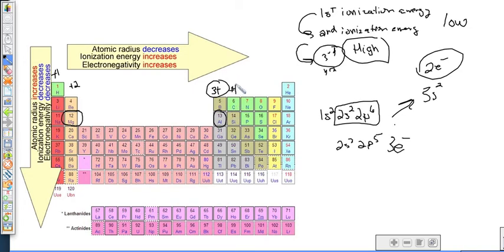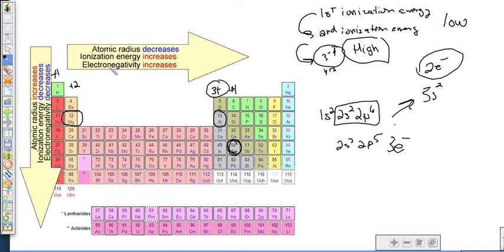Right? So those are the ionization energies that you would expect to be fairly low, and then anything beyond that charge you would expect to be high. So for aluminum, the jump from the third to the fourth ionization energy would be high. For this one right here, for tin, the jump from the fourth to the fifth ionization energy would be really, really high.